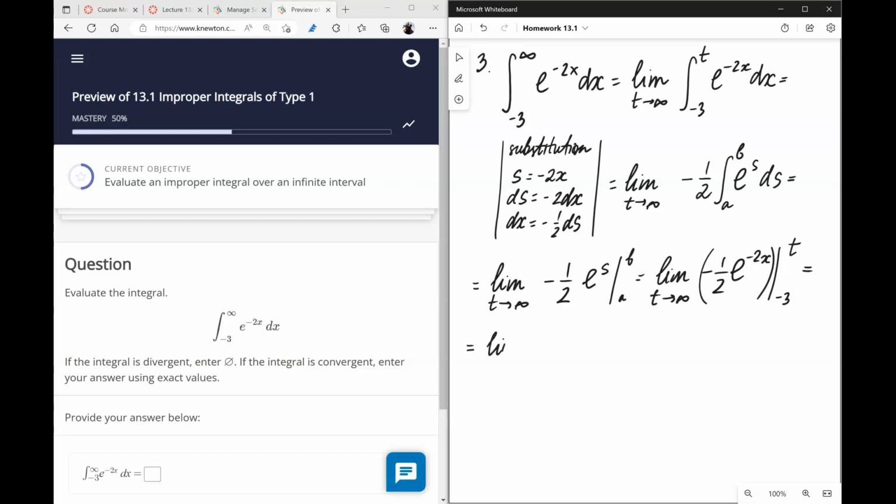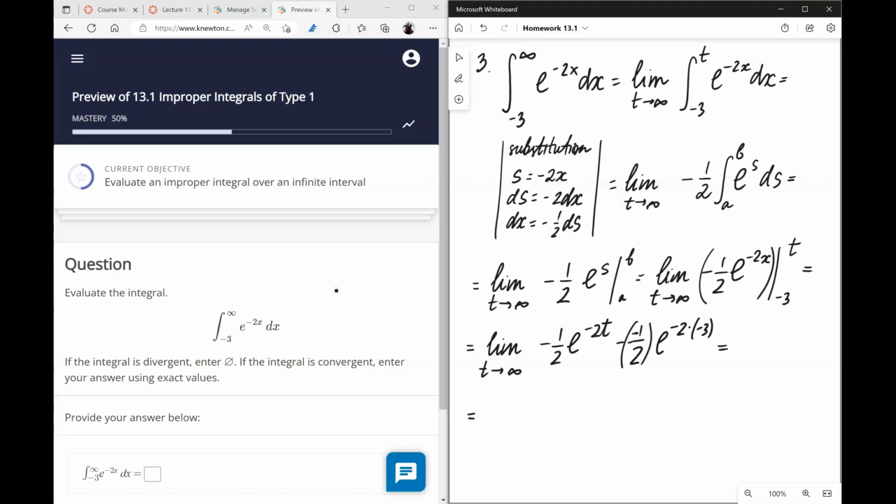So the limit now becomes the following. So we have -1/2 e to the -2t minus -1/2 e to the -2 times -3.